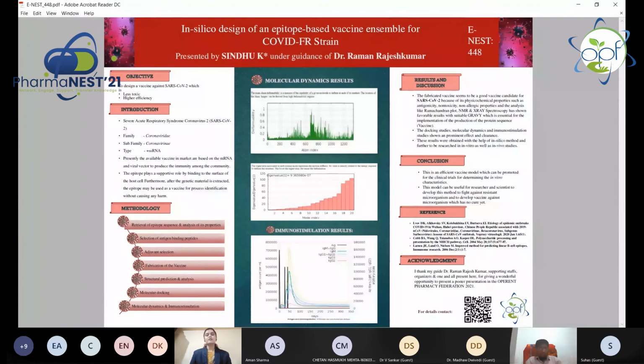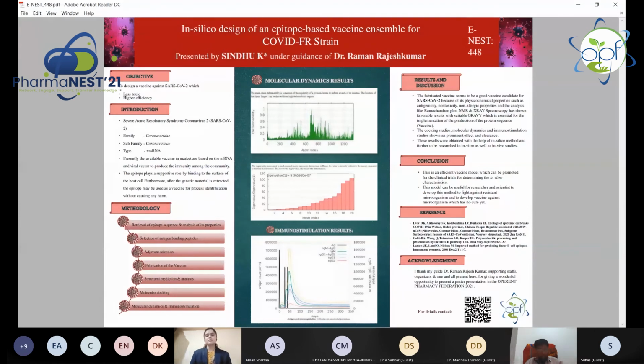Here in the molecular docking, the TLR receptor has been extracted. The COVID-19 strain acts on the TLR receptors such as 3, 4, and 7. We have docked the TLR receptors 3, 4, and 7 with the fabricated vaccine, and then the results were obtained.